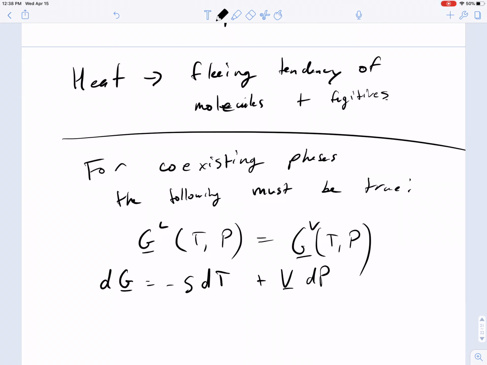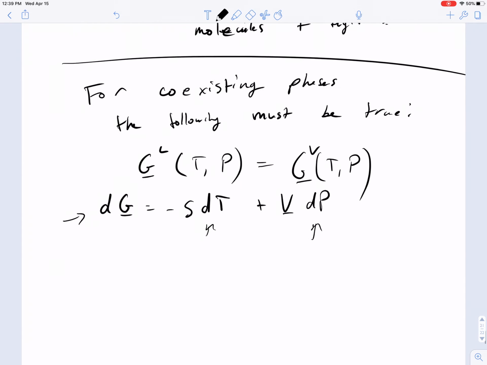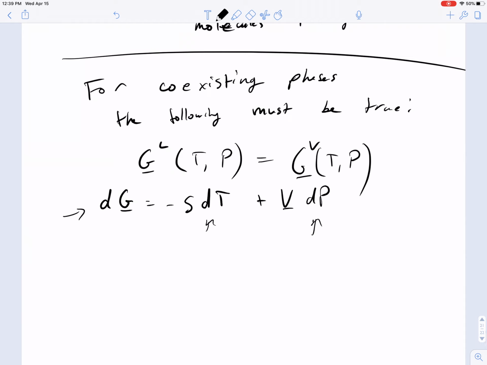So Gibbs free energy, as we all know, is a natural function of the temperature and the pressure. And so the small changes in temperature and pressure are how we're going to look at what's happening with Gibbs free energy and will ultimately lead to fugacity.